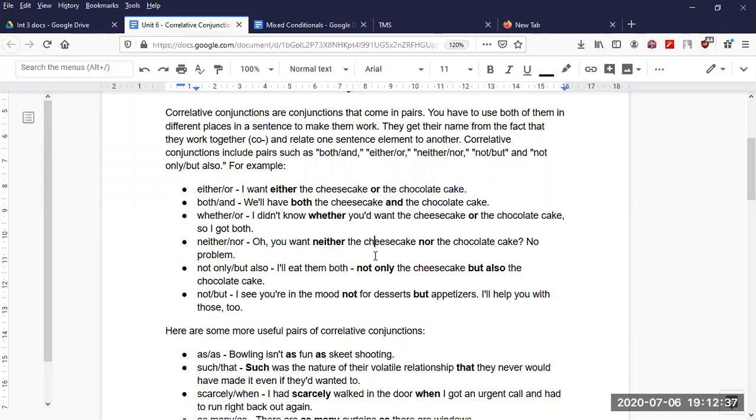So you want neither the cheesecake nor the chocolate cake. No problem. So this is the opposite. Neither nor is the opposite of either or. And because neither and nor are already negative, we don't need any more negative words.